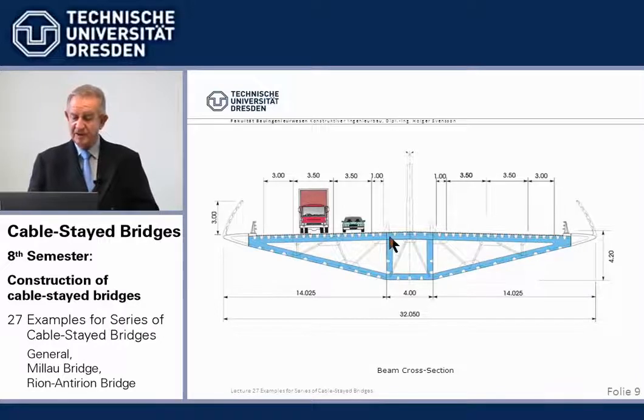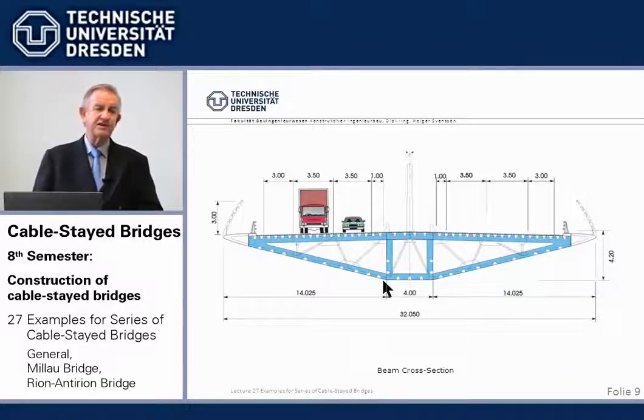We have a central box, also for the construction by launching. We will see that in detail. And we have these inclined webs for, say, aerodynamic shaping, because at that height, winds are a very important load, and we have to reduce them by streamlining the cross-section.